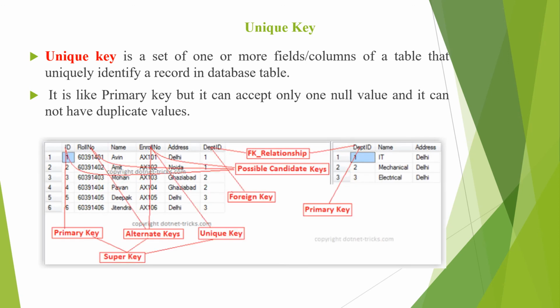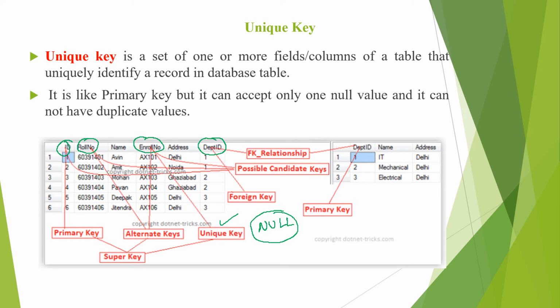From the table below you can identify that there is an ID, roll number, enroll number, and department number. Here the enroll number we are treating as a unique key constraint. Why? Because in this enroll number attribute one value can be null.